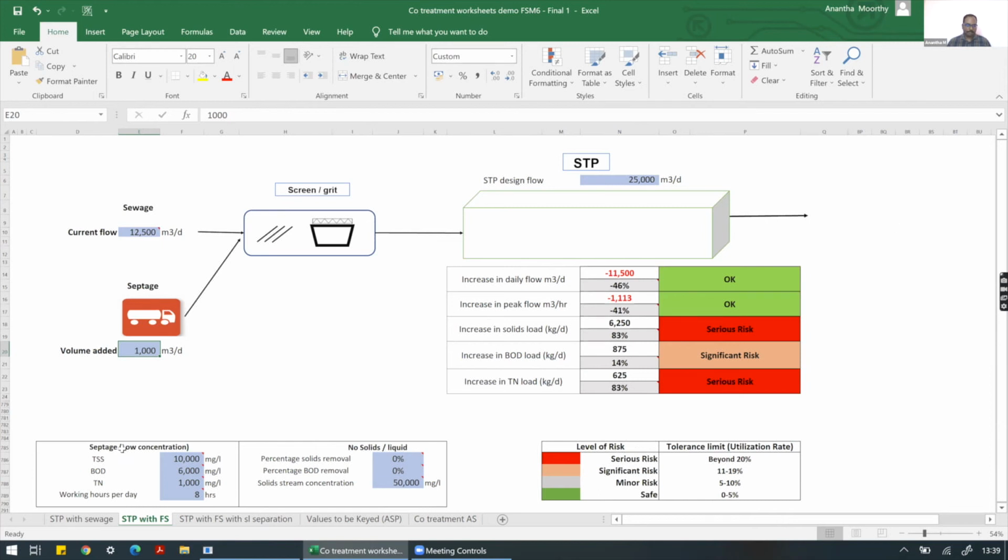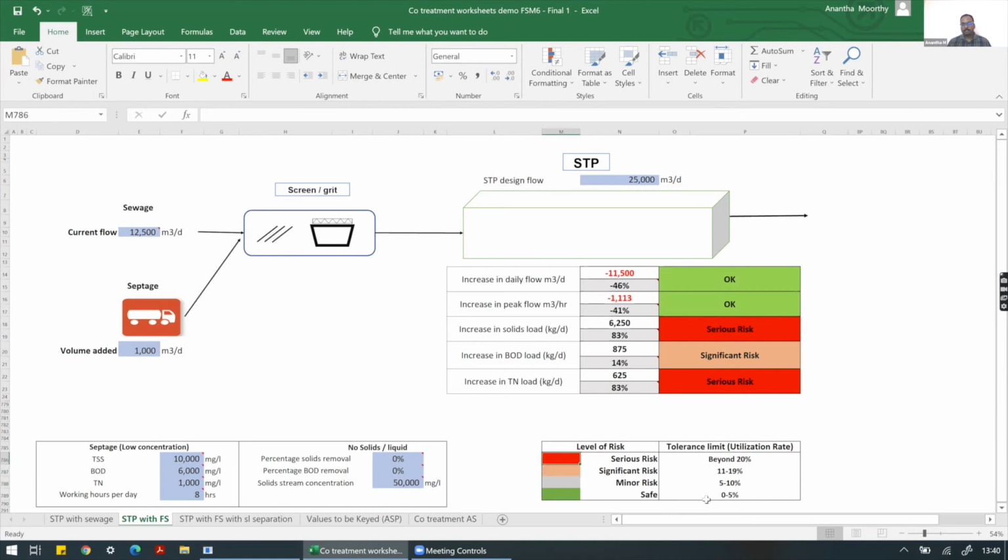As I said, the STP's codes are given there. For example, you see here the serious risk, then significant risk, minor risk, and a safe zone where we can safely treat the fecal sludge. Each of these risks is color coded: green, light gray, orange, and red.